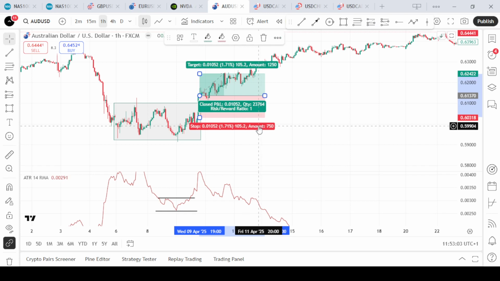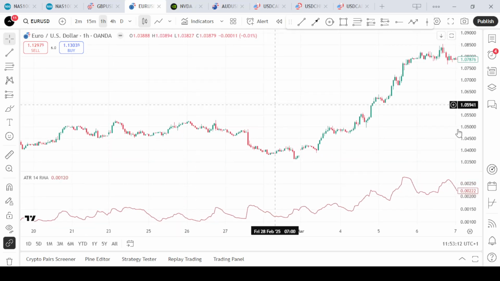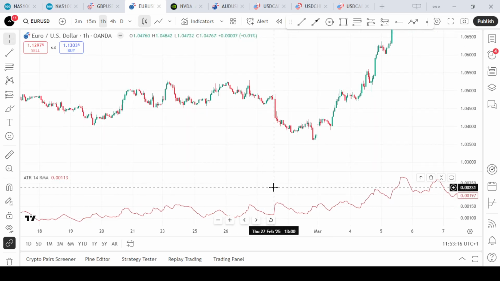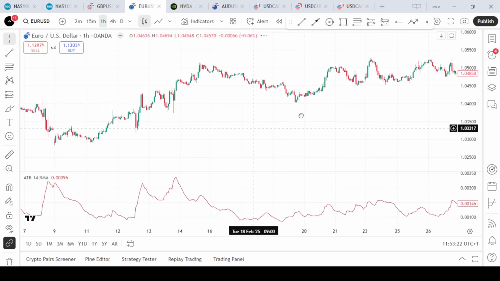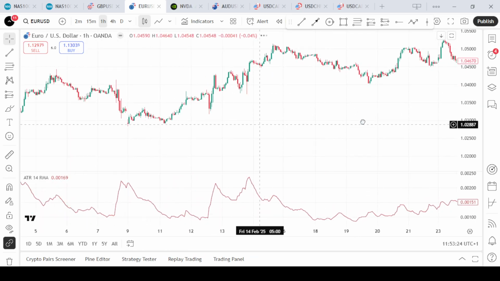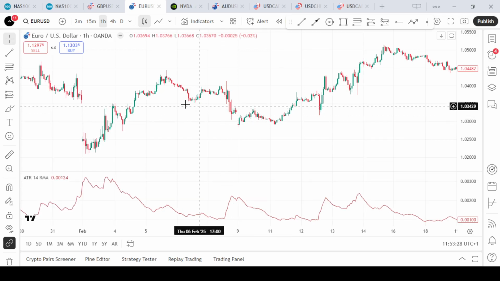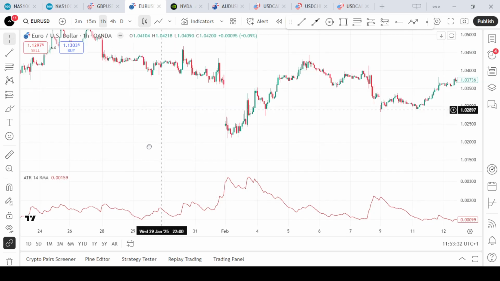While in a bearish scenario, you wait for price to close below the lower ATR channel. Let's look for a bearish scenario to see if we can explain better what we are talking about.